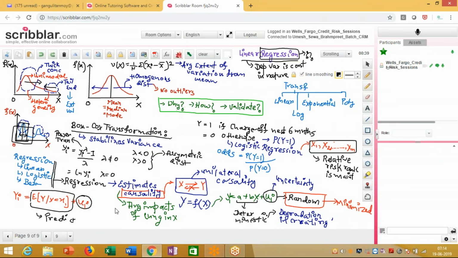You say that ui follows a normal distribution.